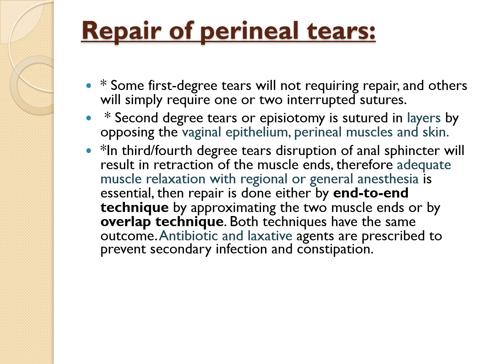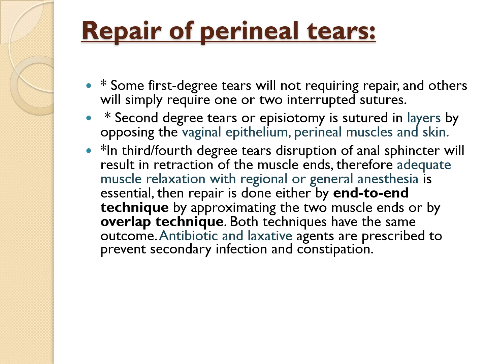Why? Because the anal sphincter is in a contraction state at rest, so it appears as dimples at both ends of the tear. It is difficult to suture it in a resting state, so this is why we require muscle relaxation with regional or general anesthesia.